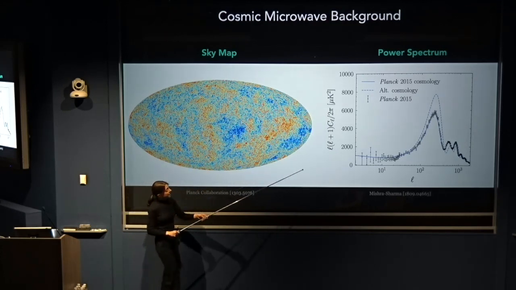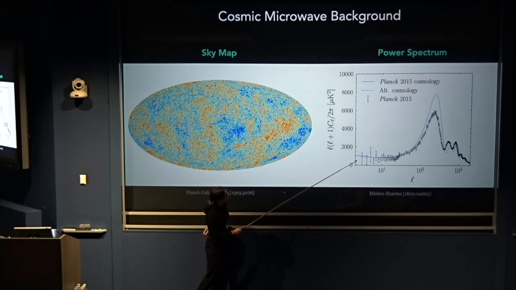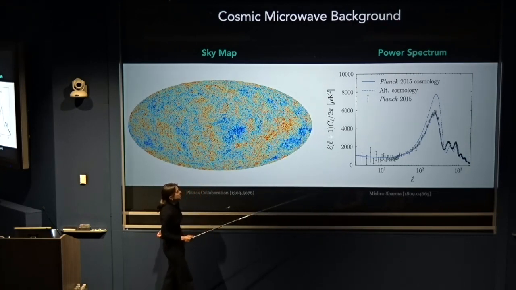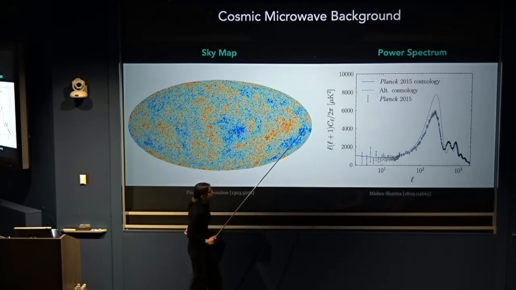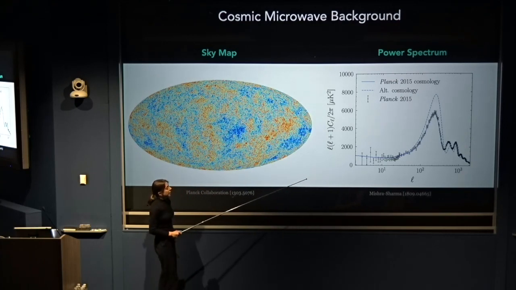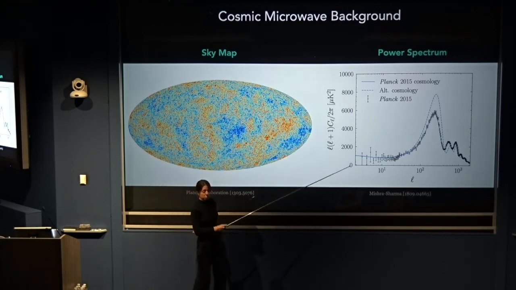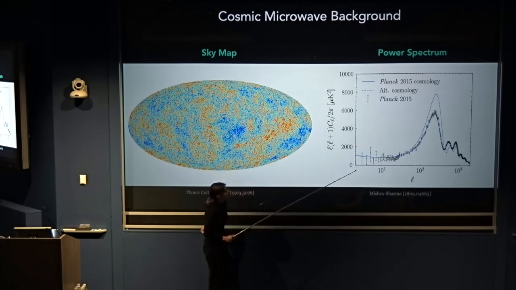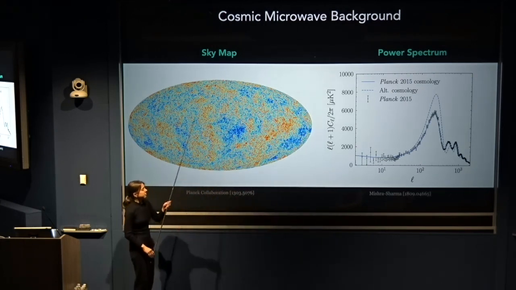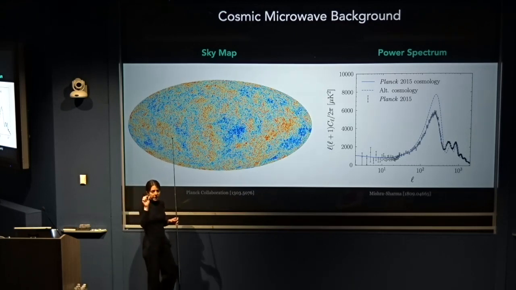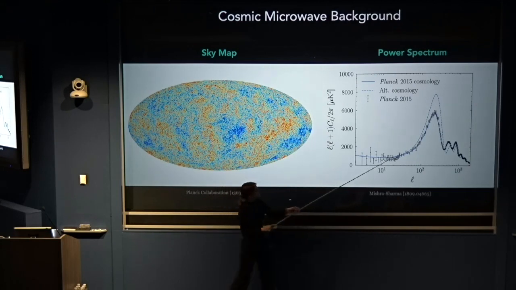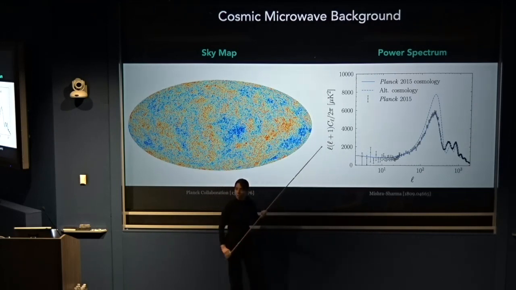The data that we have, and this is actually pretty old data, is shown with these points with the error bars. The error bars are even a lot smaller now. This is from 2015, but Planck has had further data releases since then. The best fit model that includes dark matter is shown in solid blue. And just to show what happens if we take that same model and tweak it a little bit and reduce the amount of dark matter that's in there, then the theory prediction looks like the dashed blue.